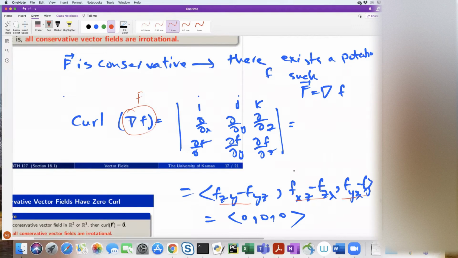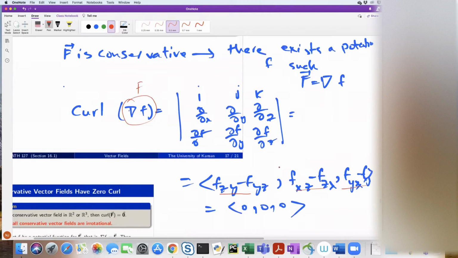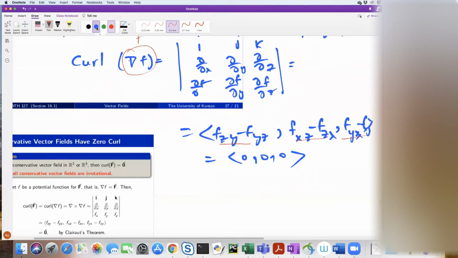That said, that's the main story that we discussed, and we ended up with the concept that the curl of F is equal to 0 if F is conservative. And then we said, well, what if the curl of F is 0?